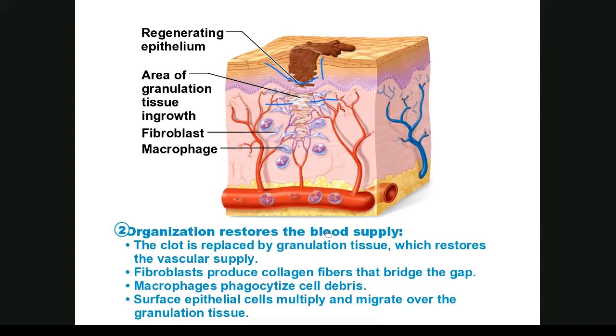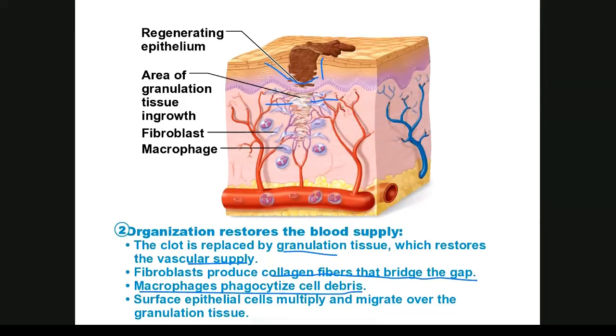Reorganization of the blood supply takes place, and the clot is replaced by granulation tissue and a good vascular supply, where you have your collagen fibers bridging the gap. Macrophages phagocytize cell debris as well as germs in general.